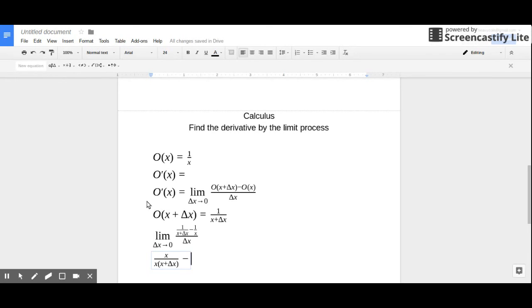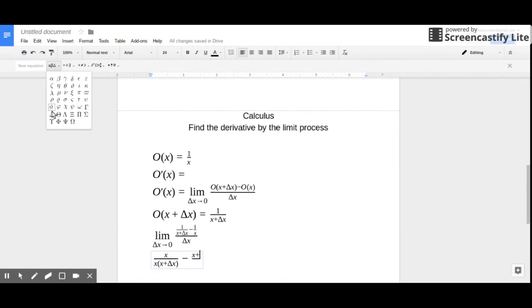All right. 1 over. Now, what do I not have in the denominator down here? Well, I need this whole thing. I need this x plus delta x down here in the denominator. And if I put it in the denominator down here, I got to put it up here in the numerator also. So we end up with x plus delta x.